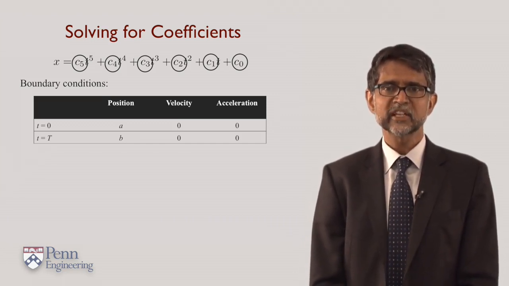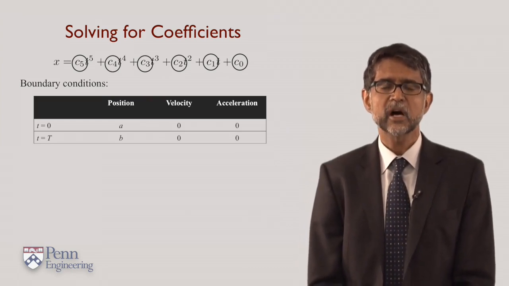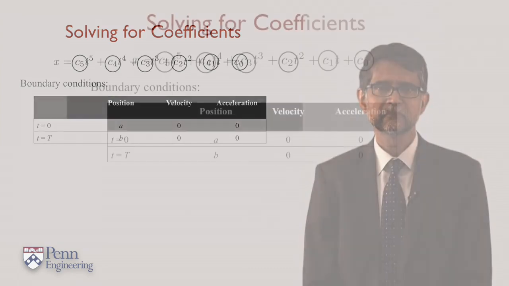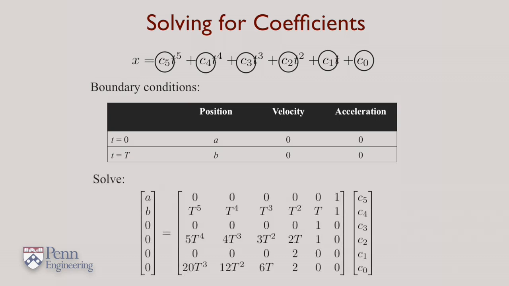The main goal of this exercise is to ensure that you have as many boundary conditions as the constants you're trying to solve for. Each of these boundary conditions gives you an equation. You can write down 6 equations in terms of the unknown constants and in terms of the known boundary conditions. Solving for these constants is now a linear problem.